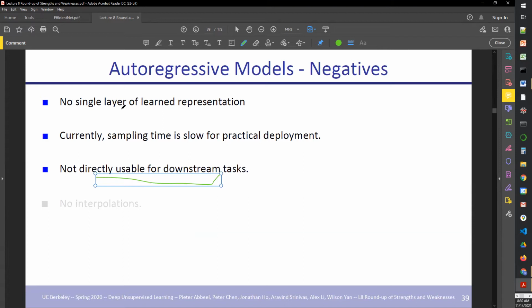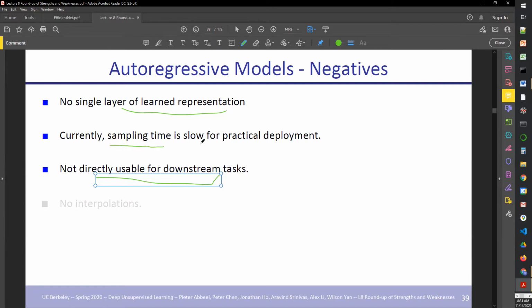That's because if we have a learned representation, you can either choose to tweak it with fine-tuning or directly apply it, like we did with the self-supervised learning task where we learn representations. Here, think of PixelCNN, there's no layer that represents the data that the model is learning. So that's an issue with autoregressive models.